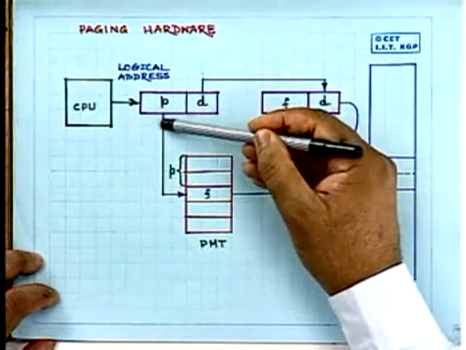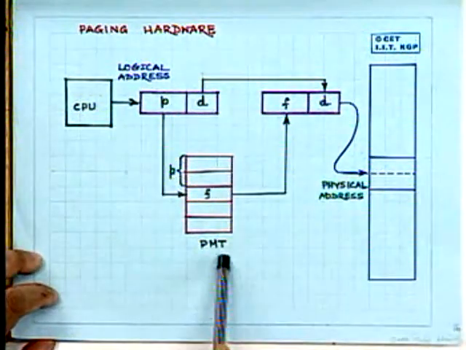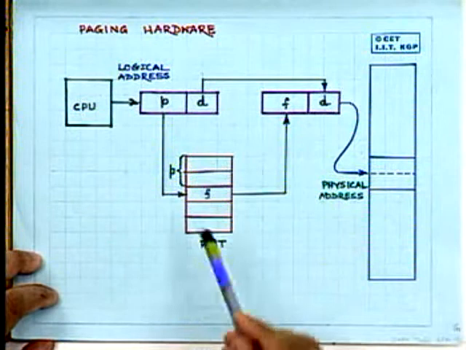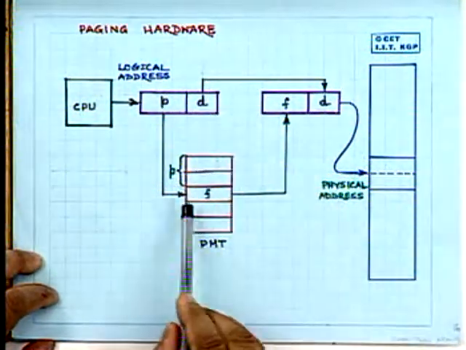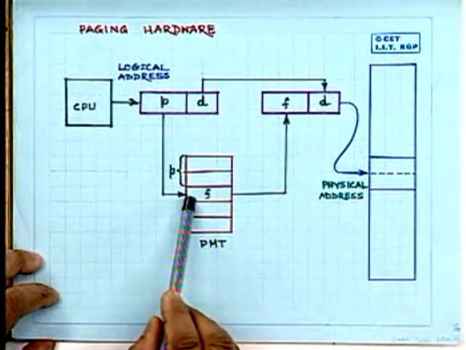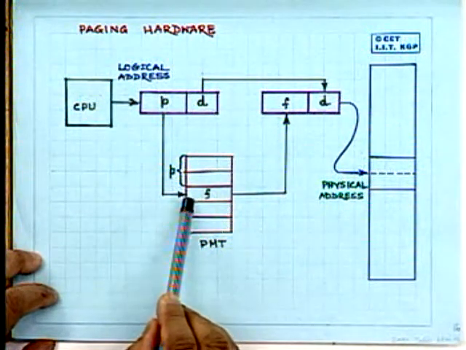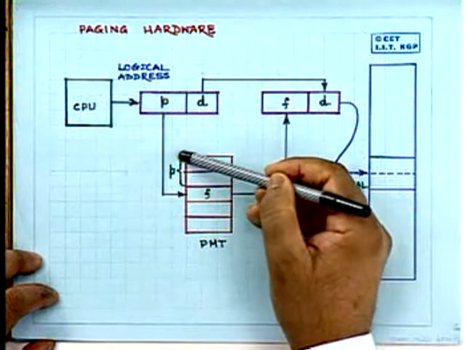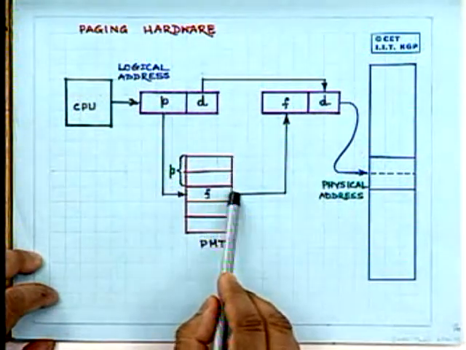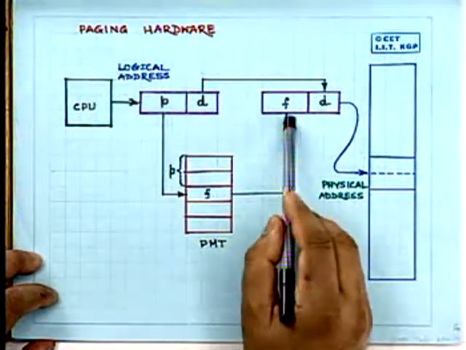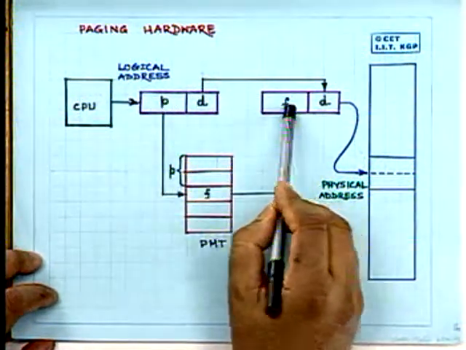That page number comes to the page map table. Okay, this P is used as an index, that means the offset of the corresponding page map table entry in the page table. The frame number is outputted. That frame number replaces the page number in the address.